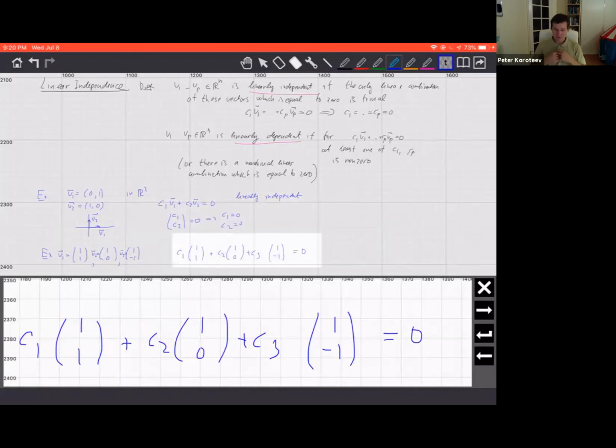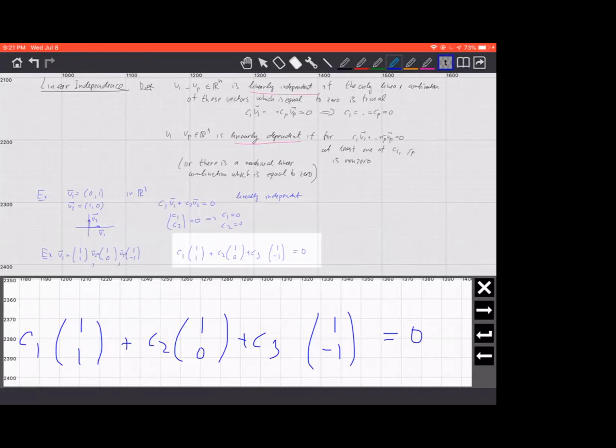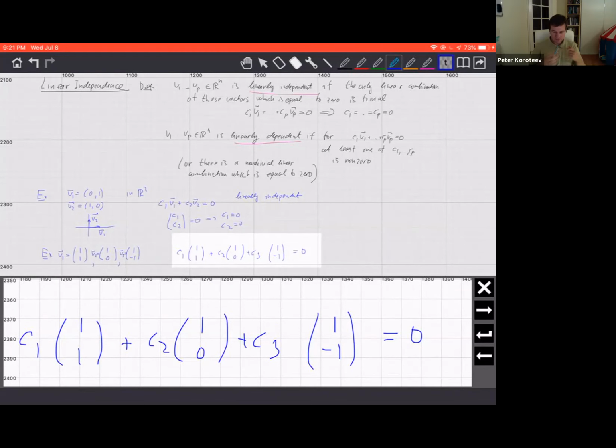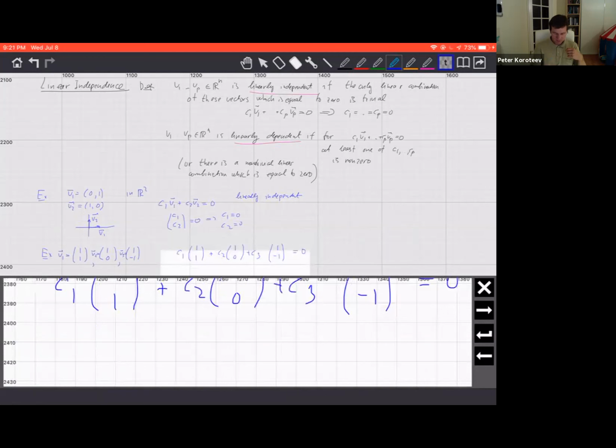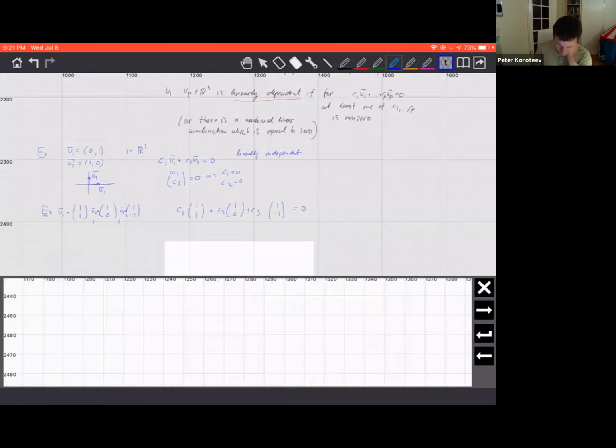But let's look here. Can we find some combination of these numbers so that the vectors will not be linearly independent? I think V2 can be multiplied by -2 and then add them together.